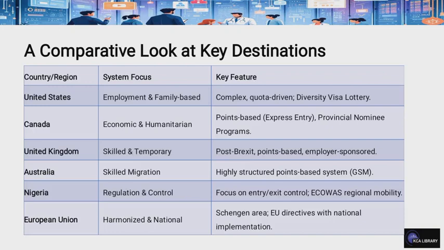For Canada, it focuses on economic and humanitarian services, and the key feature is the points-based system and the provincial nominee program. For the United Kingdom, the system focuses on skilled and temporary migration.